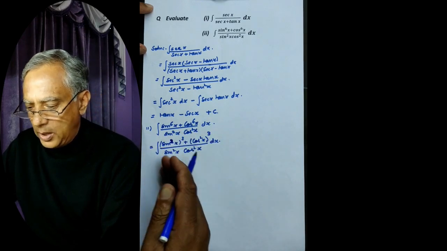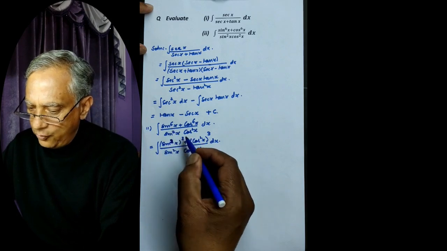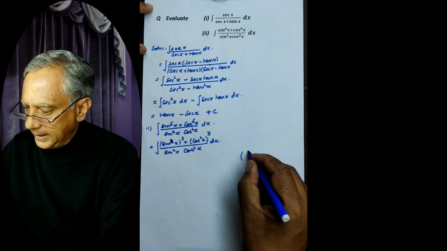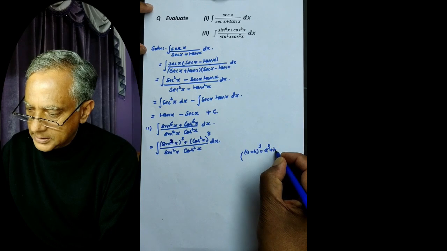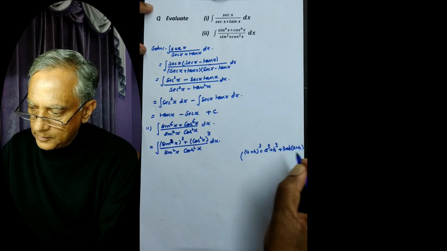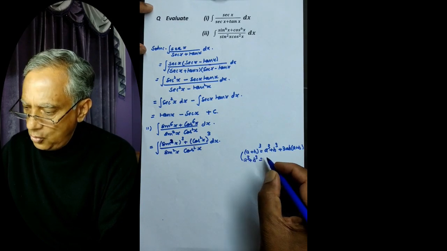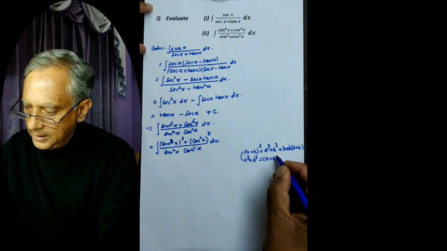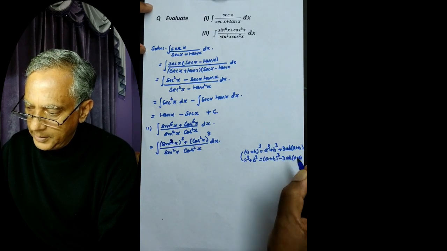We are trying to convert this question into some known form, and we know we can write this as this, and we know that (a plus b) whole cube is a cube plus b cube plus 3ab into (a plus b). Therefore a cube plus b cube will be equal to, take this to the other side, (a plus b) whole cube minus 3ab into (a plus b).